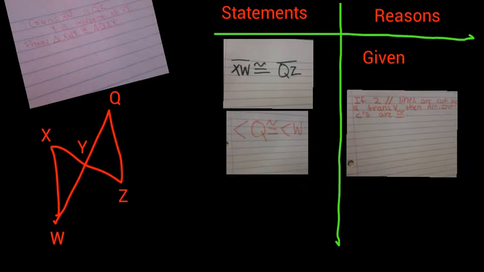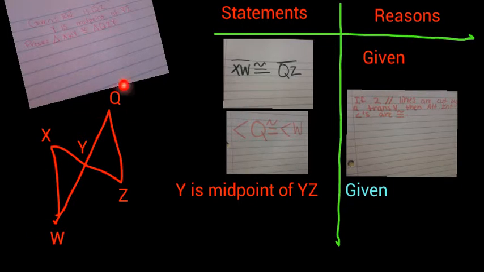For statement number 3, we know that Y is the midpoint of YZ, and the reason for that would be given. Next, we would put WY is congruent to YQ. We know that because the midpoint cuts a side into two congruent sides.